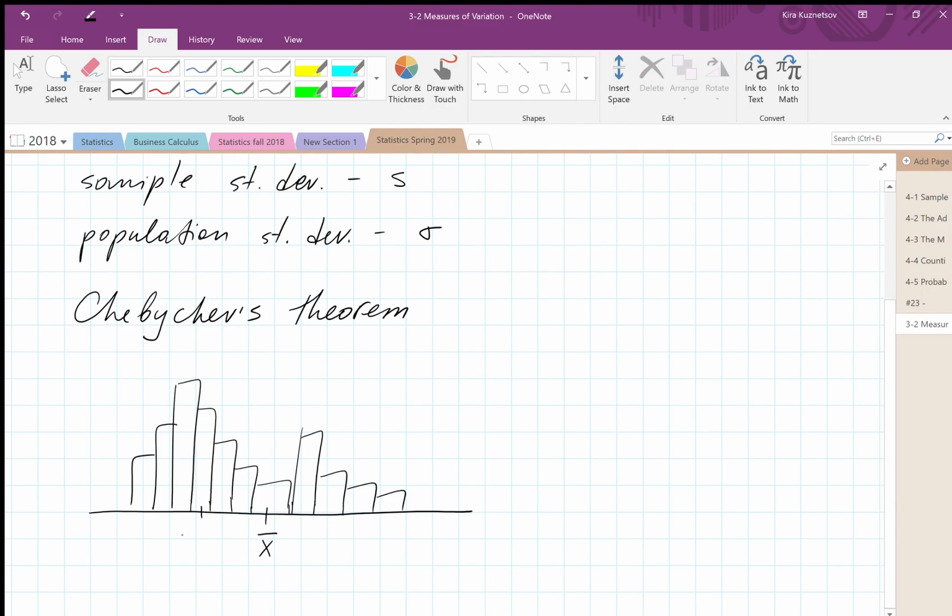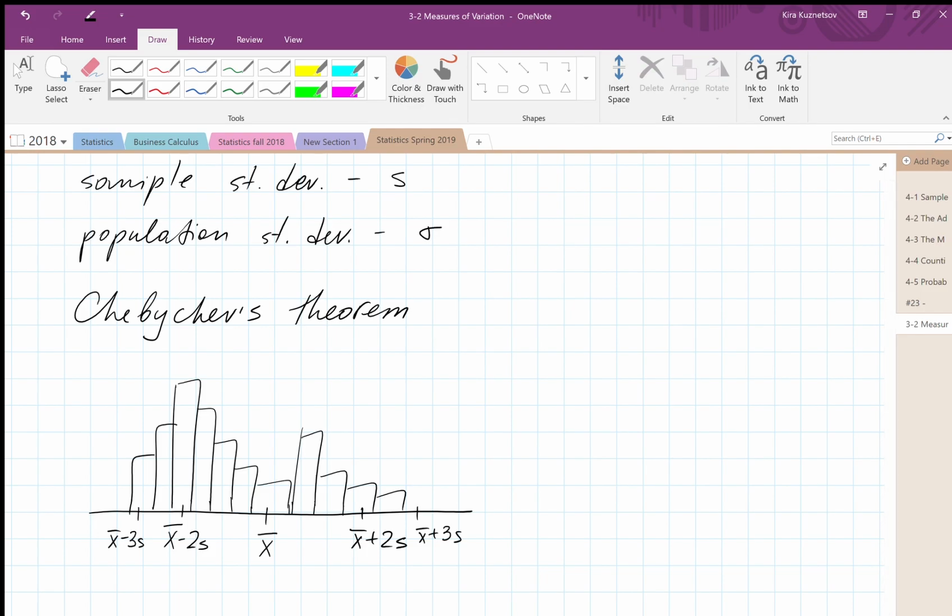A little bit to the left is minus 1 standard deviation. Actually, they go by twos, so minus 2 standard deviations, plus 2 standard deviations. Let's go a little bit more: x minus 3 standard deviations, and x plus 3 standard deviations. I am on page 140 of the book.